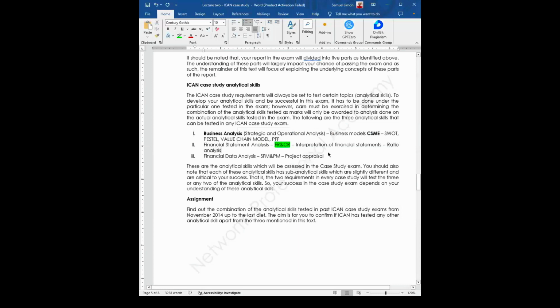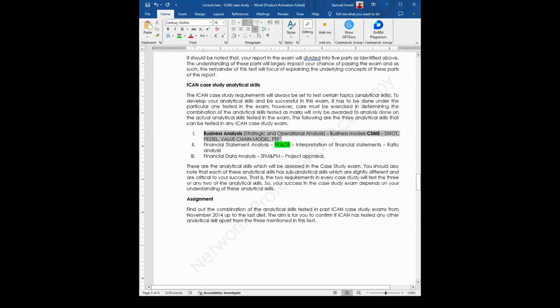And financial data analysis is to test your knowledge of SFM and PM, that is project appraisal, and all sorts. These are the possible analytical skills that you can use to answer the two requirements.